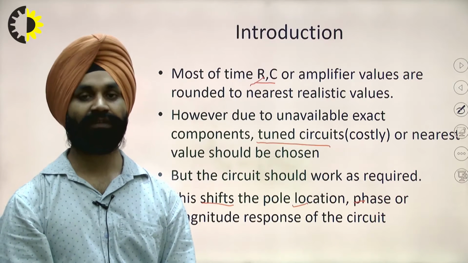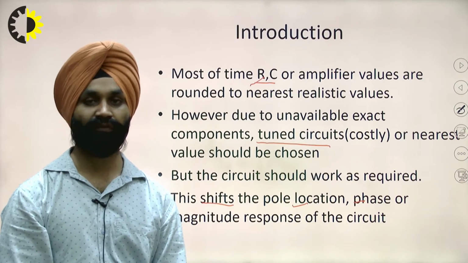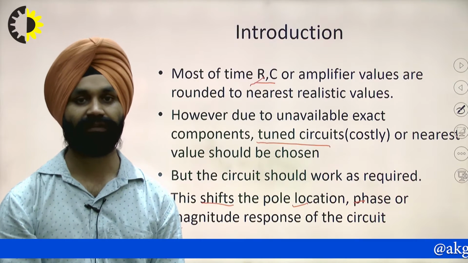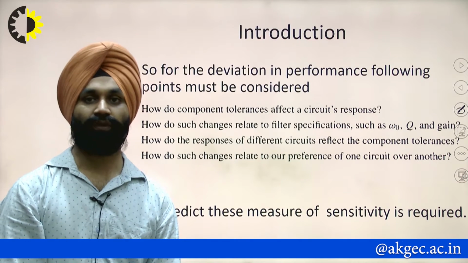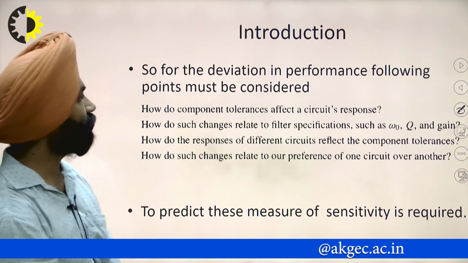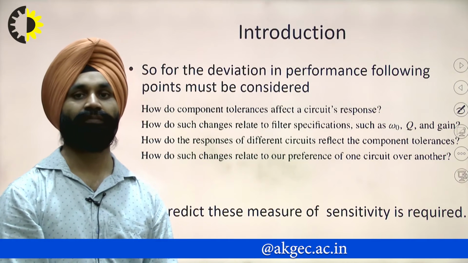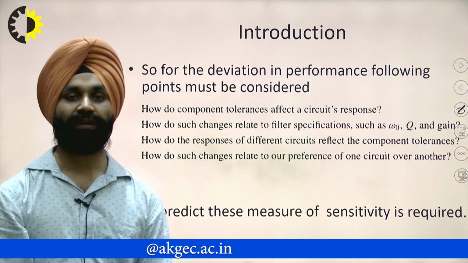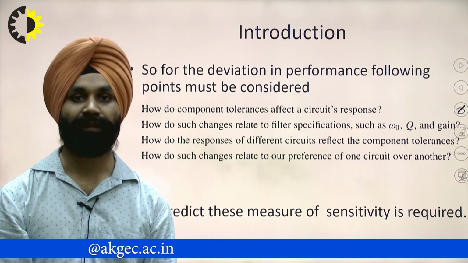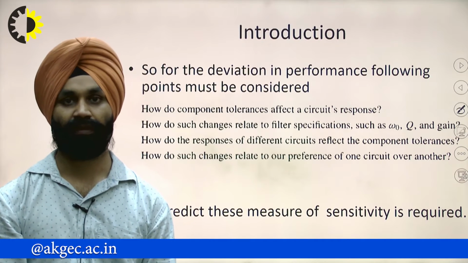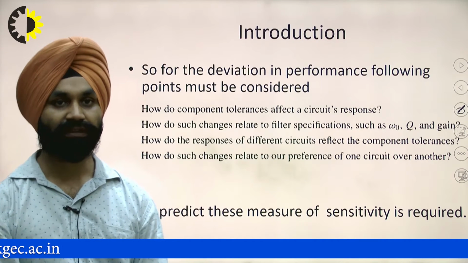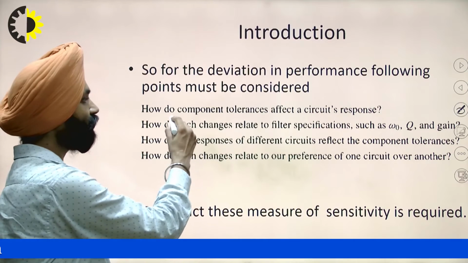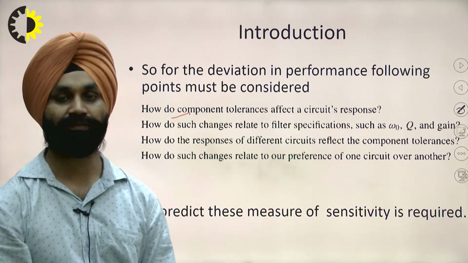As a result, the circuit can be different from our desired circuit. So from this deviation of the RC components, the different performance parameters may vary. So we should answer how the component tolerance affects the circuit response.